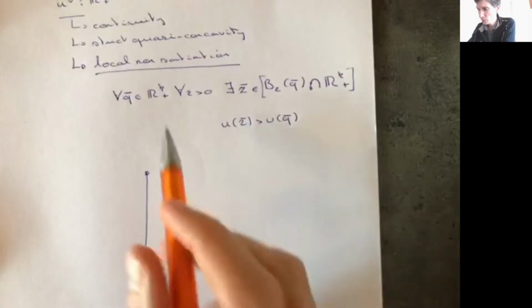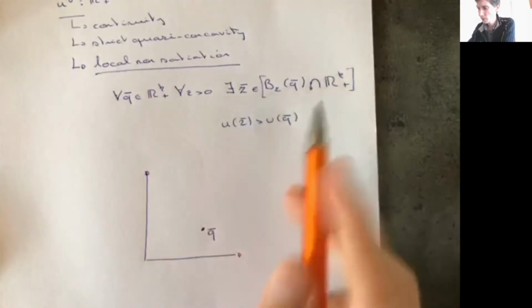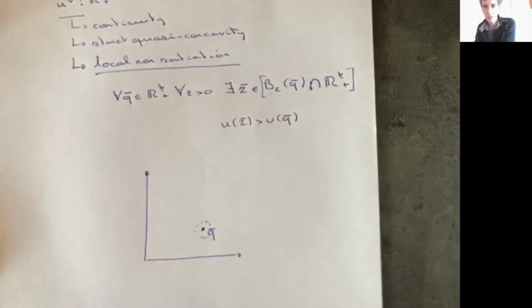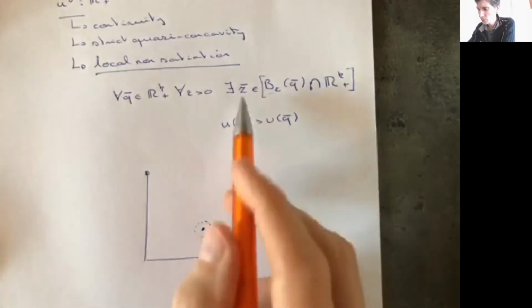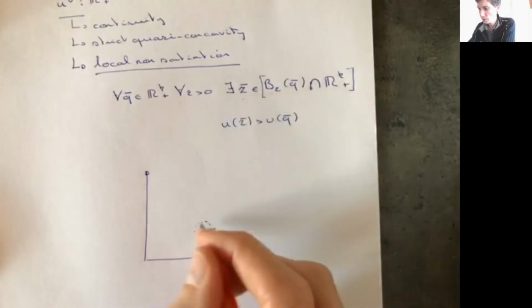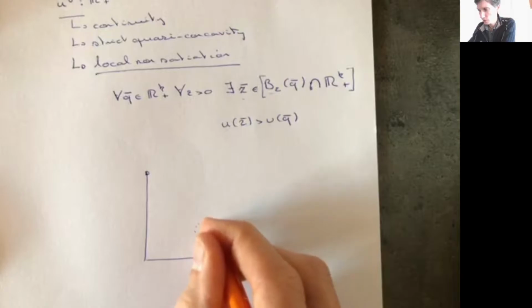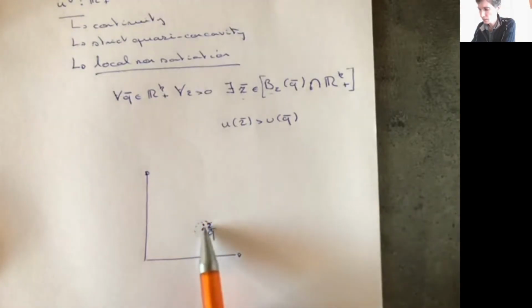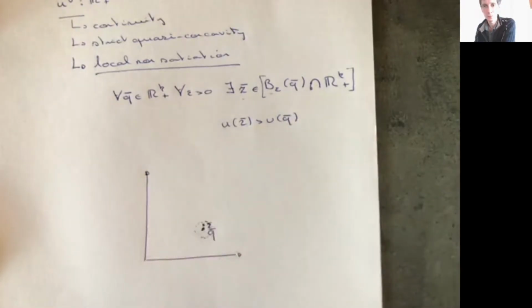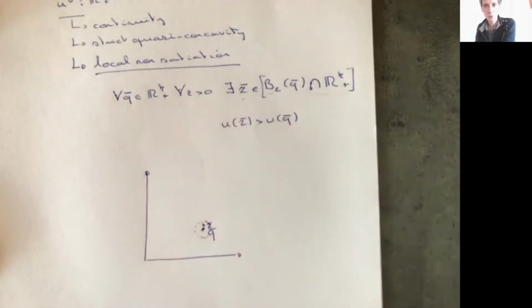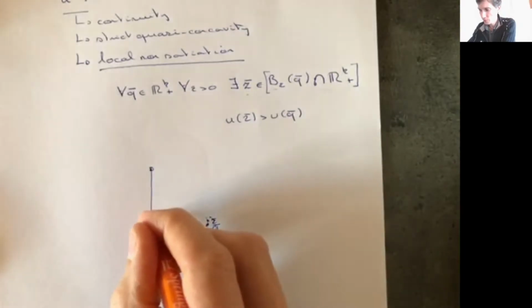So we have a q, and for every epsilon, I can look at the ball of radius epsilon around q. Then it has to be that there's at least one bundle in this ball of radius epsilon. I don't know which one, maybe it's this one here. And this bundle has a higher utility than q. Why do I look at the intersection with R^k_+?